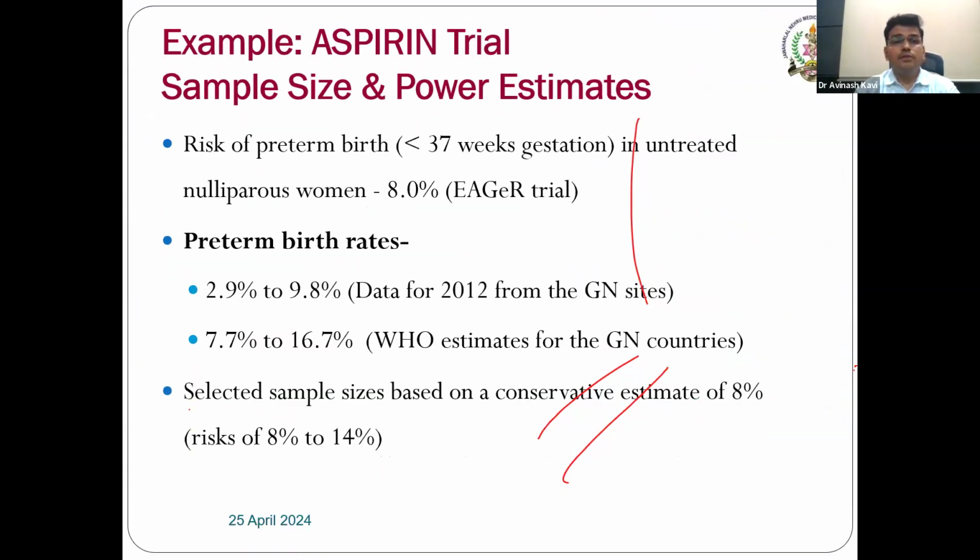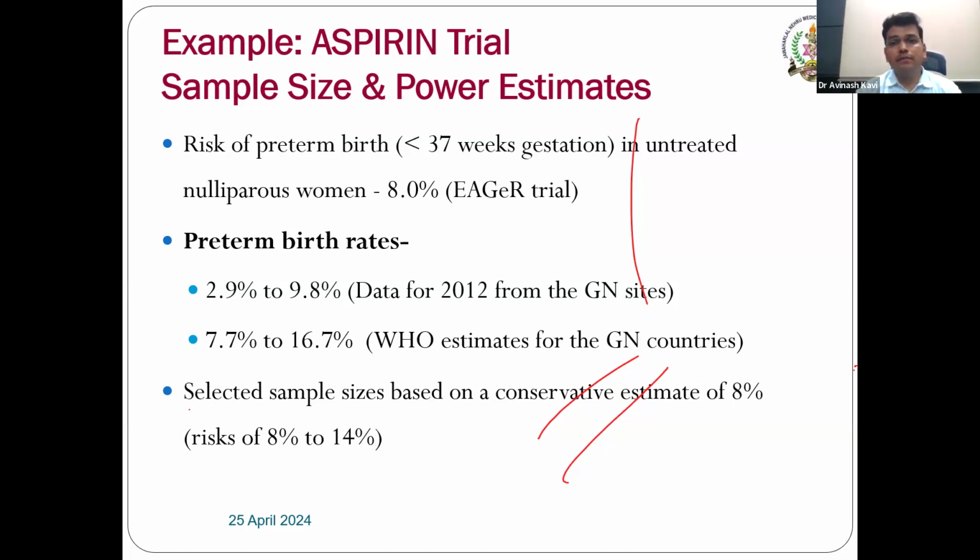So when it comes to sample size, we adopt different methods. We have formulas for that. I'll not go into the details. Since I had started with an example of preterm birth, let me show how to go about estimating the sample size and the power to have an adequate sample size for one of the trials that we had just completed, that is the aspirin trial.